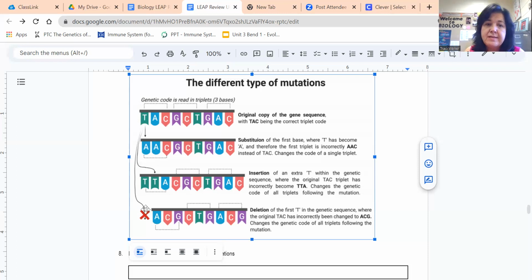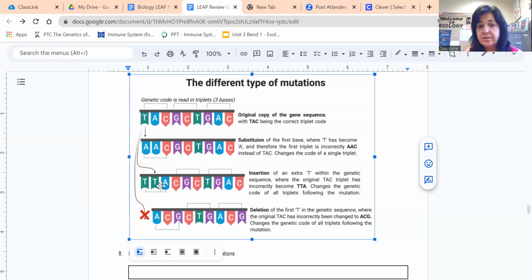Okay. And then for a deletion, you see this is the original. And with a deletion, one of your nitrogenous bases is dropped off. So here we've got the TAC, but instead there's no T. So the T is dropped and it just goes straight to ACG. So again, we're going to have a big problem there because everything has been shifted.